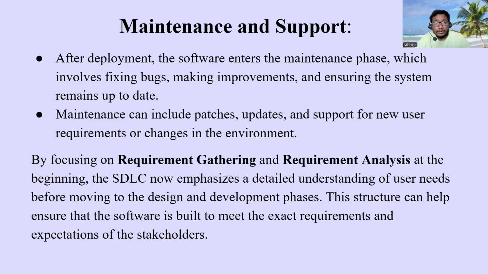Maintenance can include patches, updates, and support for new user requirements or changes in the environment. So maintenance is nothing but fixing bugs and giving the customer or the client a better user experience. So that is about maintenance.